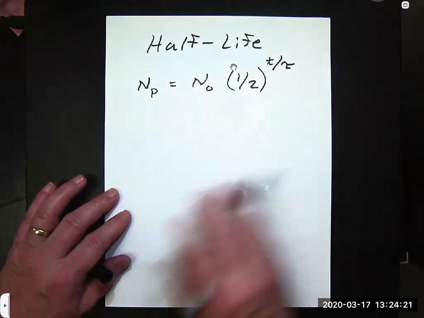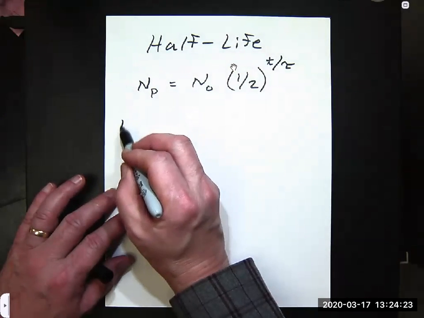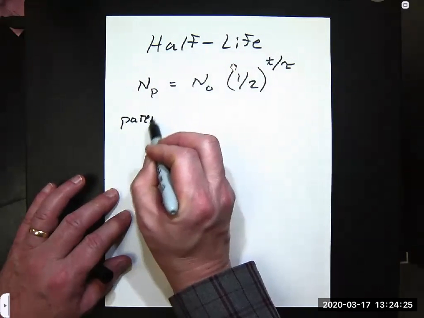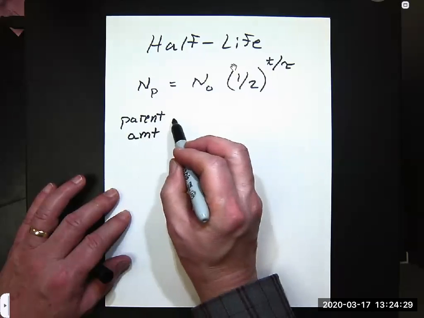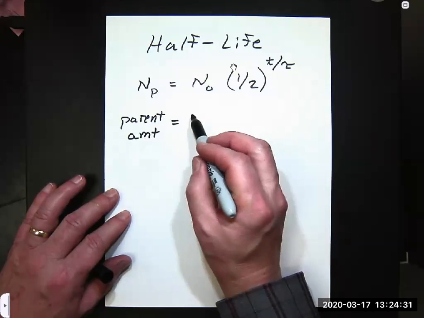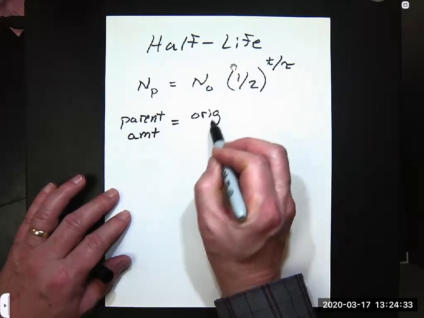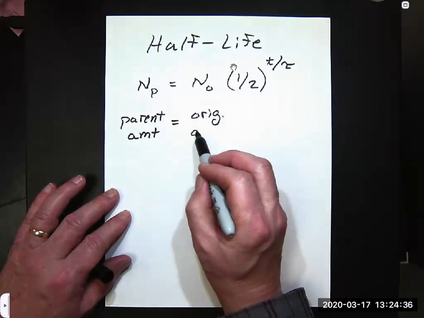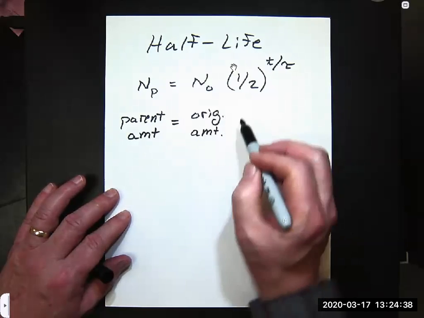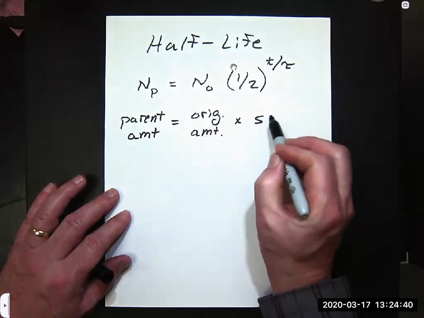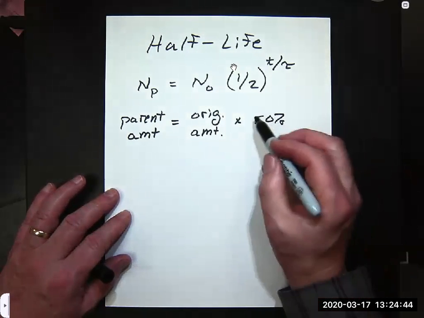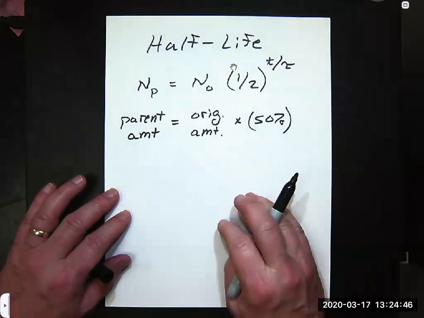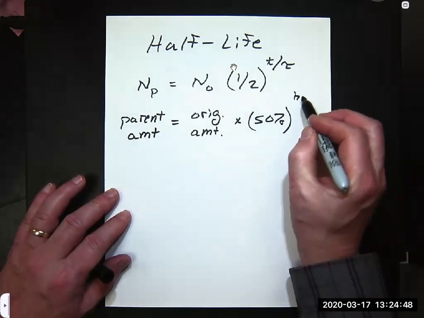Let me express this in word terms. So the parent amount, I'm going to abbreviate amount here, is equal to the original amount, I'll also abbreviate original as well, multiplied by 50%, what you might call an attrition factor, but raised to a half-life count.